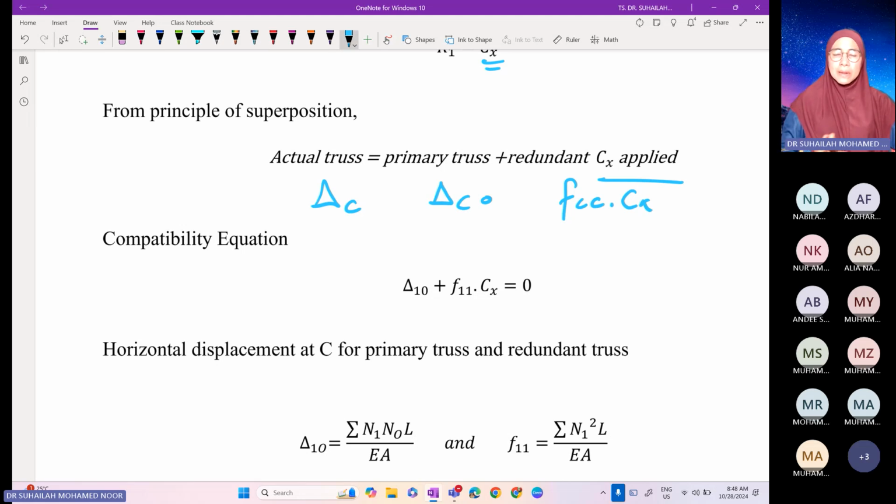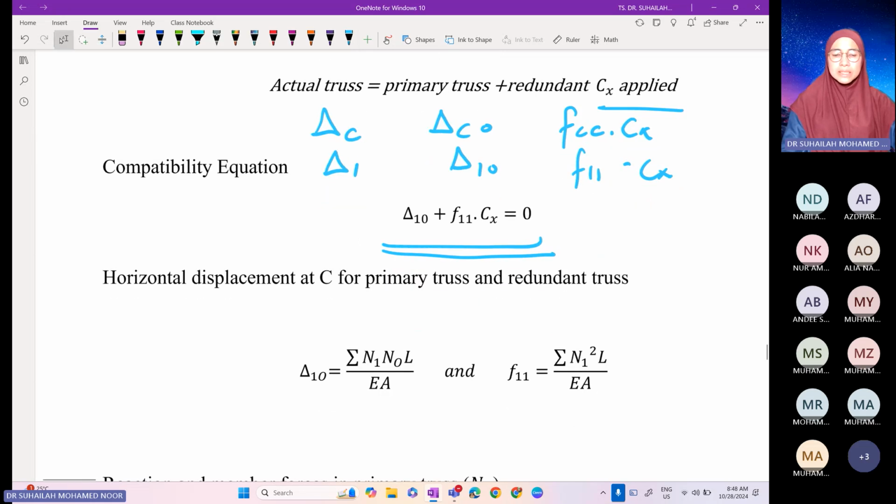And sebab kita tak nak pakai dalam simbol C, kita tukar semua C jadi 1. So dia jadilah delta 1, delta 1 naught and F11 kali CX. So that's why kita dapat yang ni. Kita pakai dalam simbol 1, 2, 3. Kita tak pakai simbol A, B, C. For truss, we better use numbering. Okay, so this is the compatibility equation.